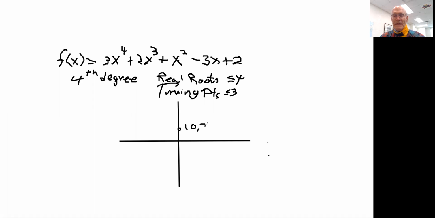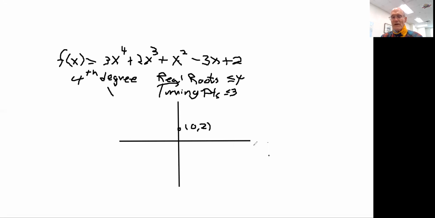Now, we look at end behavior. This is a 4th degree polynomial. So when I go off to the left to minus infinity, I take a negative number and raise it to an even power. It's positive. So as x goes to minus infinity, this function would go off to plus infinity.